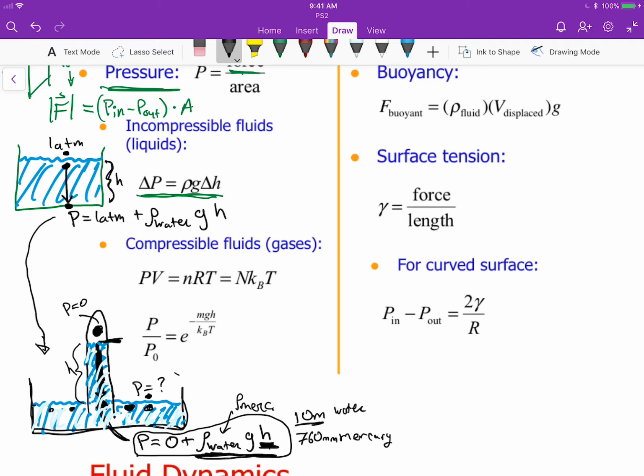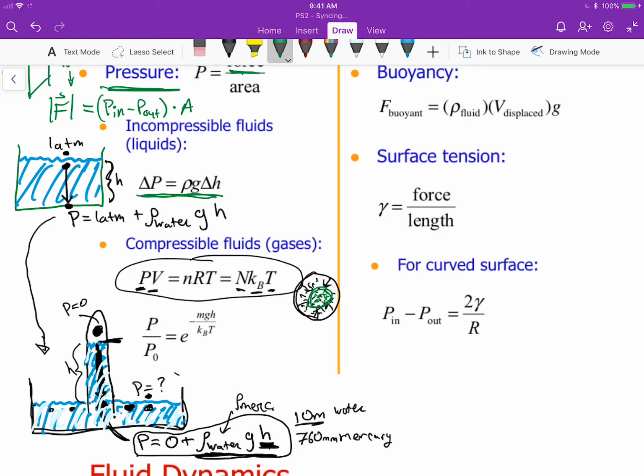Then another equation that I think most of you are familiar with, so I won't go through it in detail, is basically the ideal gas law, which relates the number of particles, the temperature, Boltzmann's constant, and pressure and volume. The example you can keep in mind here is if you have some balloon with particles in it, and you don't let the temperature change, but then you shrink it down to a smaller balloon with the same number of particles.